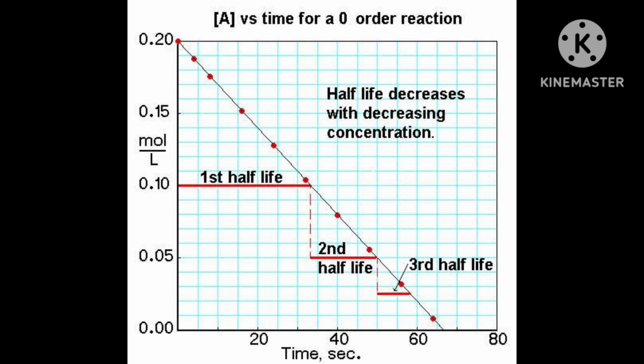Here again, in a very simple way, I want to tell you the derivation. There is an expression for half-life for zero order, first order, second order, third order, for all. But at your level, for medical and engineering, up to zero order and first order is important.